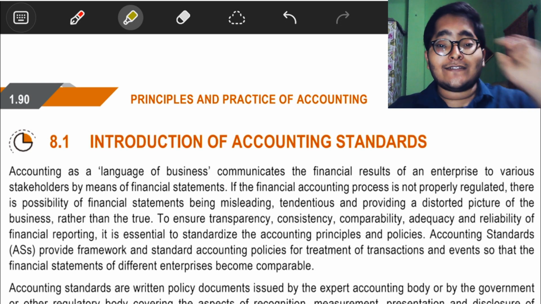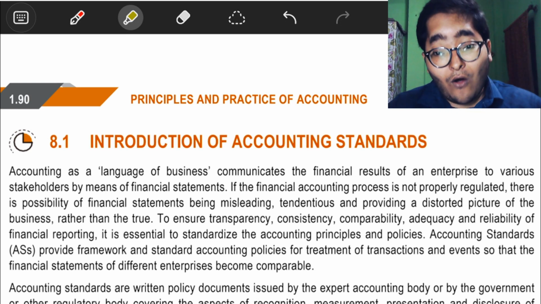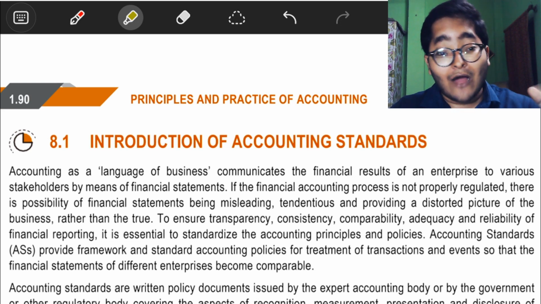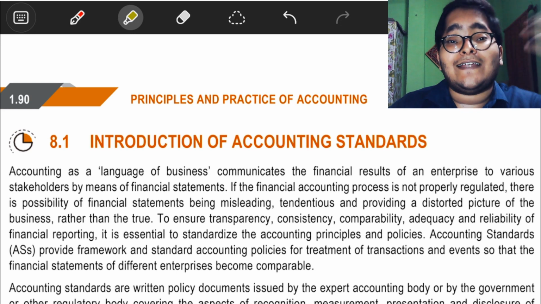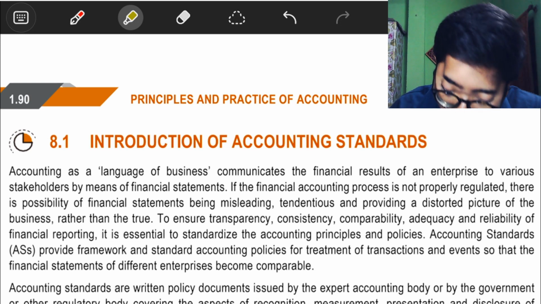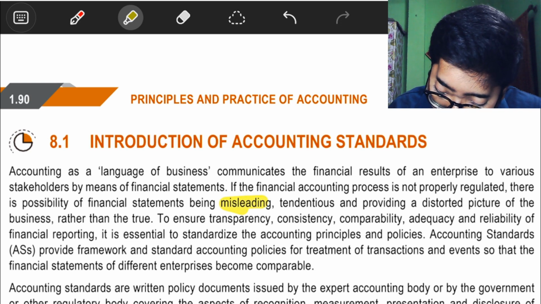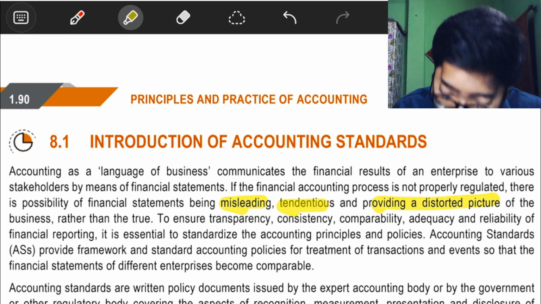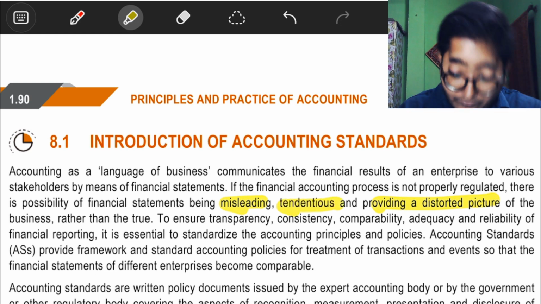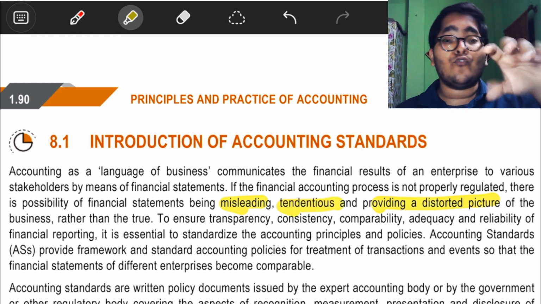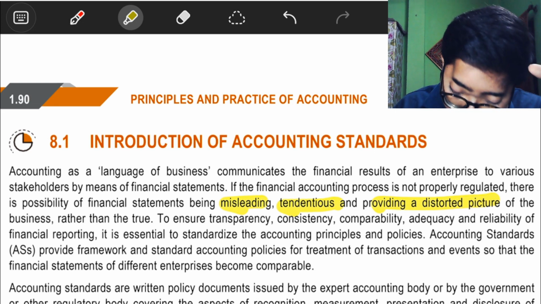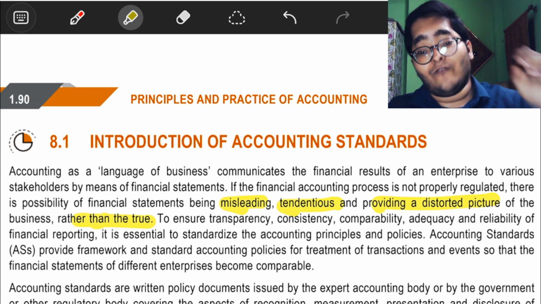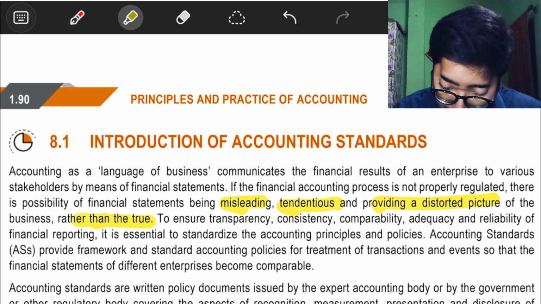If there is no proper accounting standard or the financial accounting process is not proper, the financial statements, that is the result of the accounting, can be misleading, can provide a distorted picture, can be also tendentious. The true picture of the business cannot be portrayed by a wrong financial accounting process.